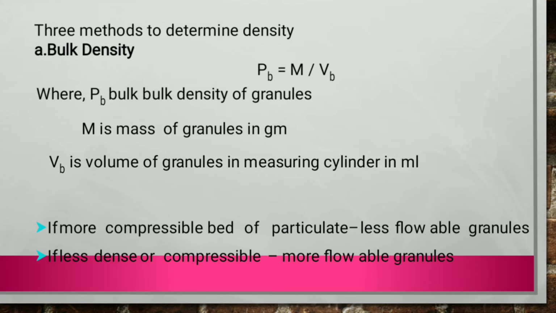Here it is given by the formula ρb = m/Vb. ρb is bulk density of granules, m is mass of granules in grams, and Vb is volume of granules in measuring cylinder in ml without tapping. Remember, if a more compressible bed of particulate, then less flowable granules, and if less dense or compressible, then more flowable granules.